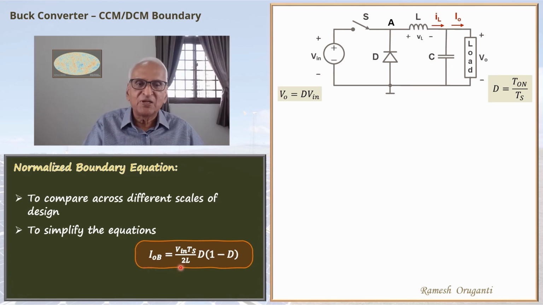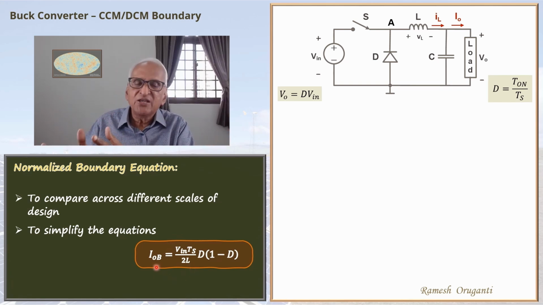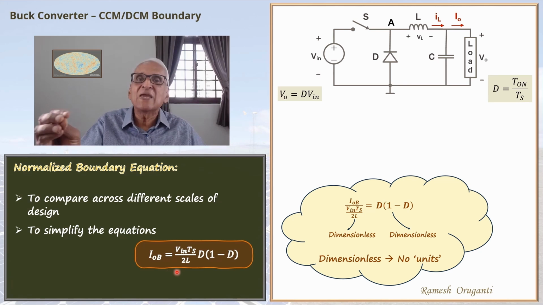And we can see very simply, by taking this Vin Ts by 2L from the right hand side to the left hand side, dividing IOB by Vin Ts by 2L, we can get a dimensionless equation relating IOB by Vin Ts by 2L and D. That's what normalization does. We can take Vin Ts by 2L as the base current. The unit of Vin Ts by 2L, as you can see, is current because D is dimensionless.